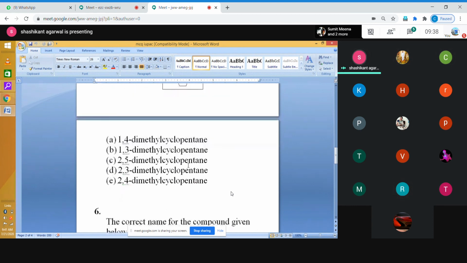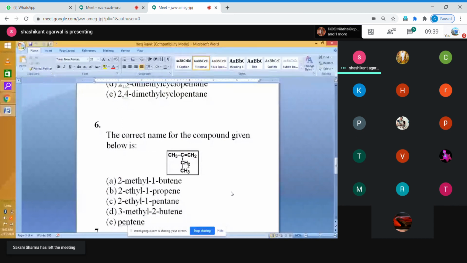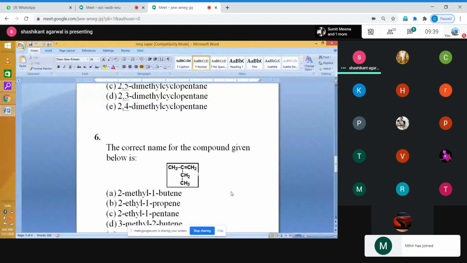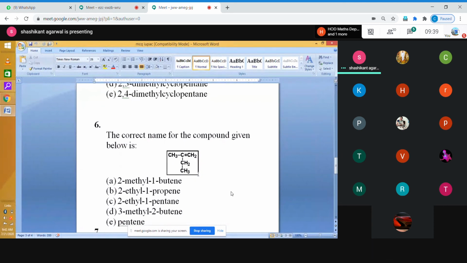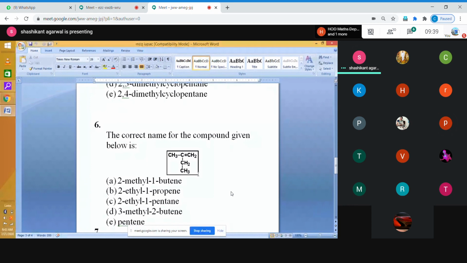Moving on to this one now. Let it be the last one for today. This has a double bond. Sir, option B. 2-ethyl... Ethyl is not the correct one.